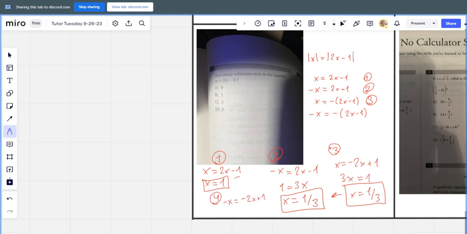Actually, that's the same thing as this, except you just move everything onto the other side, and you can rewrite this as 2x minus 1 equals x. That one's also the same thing as x equals 1, so that's not distinct. So two solutions. We get x equals 1, and we get x equals 1/3.